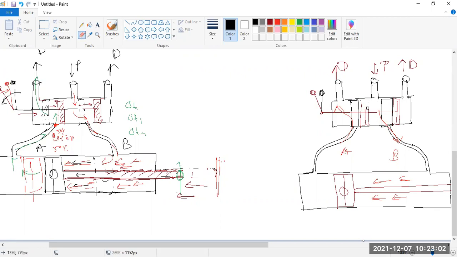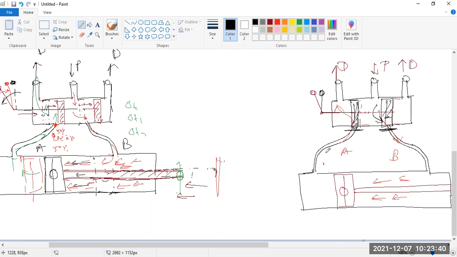So your previous position was changed. You can see this is your present position, where B is not connected with the pump, because B is covered by this block, by this spool, and A is also covered by this spool.